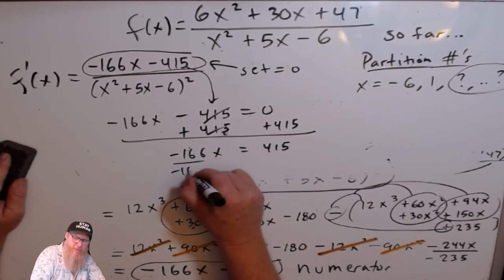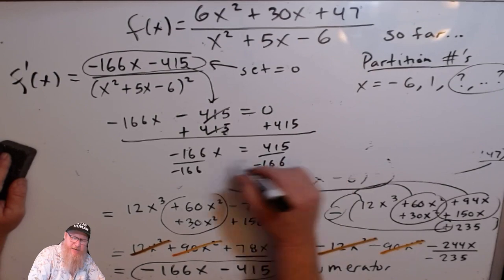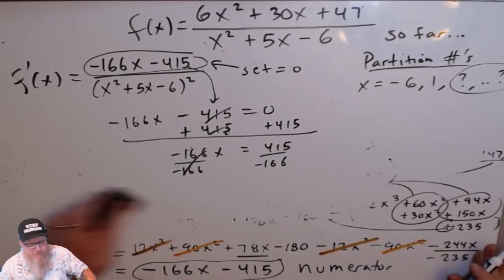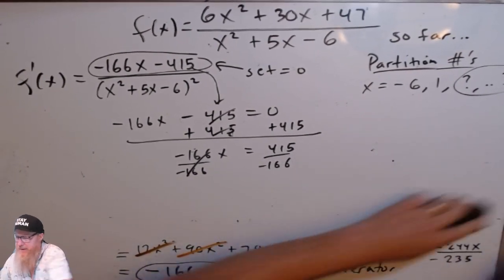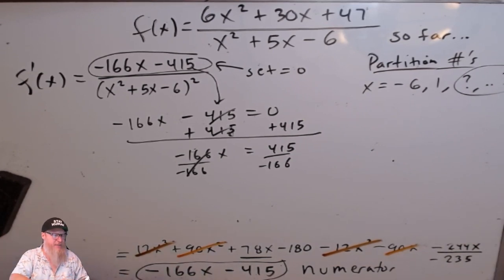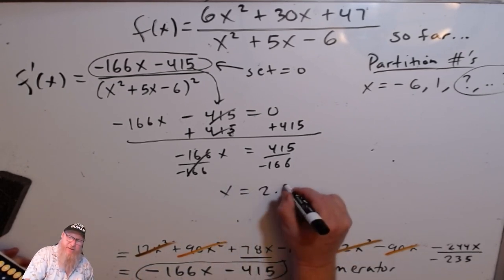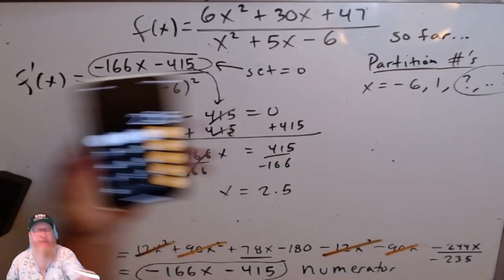And then divide by negative 166. Oh, and then round to 1 decimal if necessary. So 2.5. I didn't even have to round. It came out nice, 2.5.